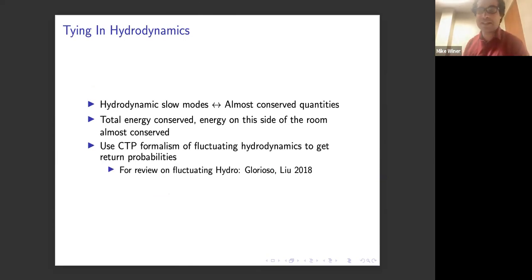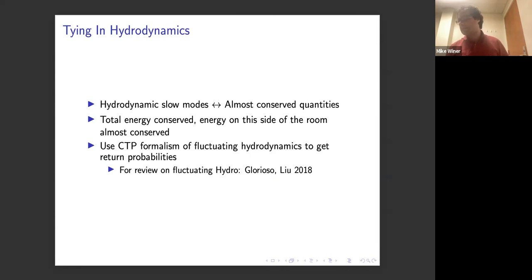Okay, so now let's see how this ties into hydrodynamics, the really cool stuff. Hydrodynamics has been around for thousands of years, since Archimedes. But the modern philosophy of it is that it's the study of slow modes, and especially slow modes guaranteed by conservation laws.